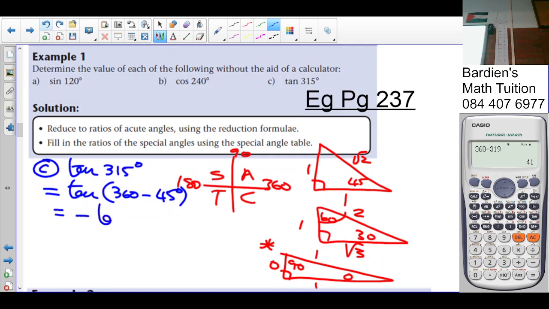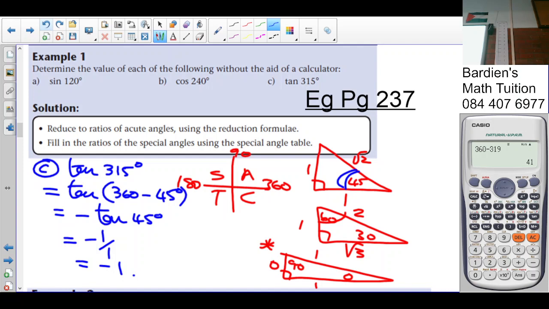So it's negative tan 45. So we go to the 45-degree angle. What does tan stand for? Opposite over adjacent. So it's going to be 1 over 1. So negative 1 over 1, which is negative 1. You see, I never use the calculator. Okay?